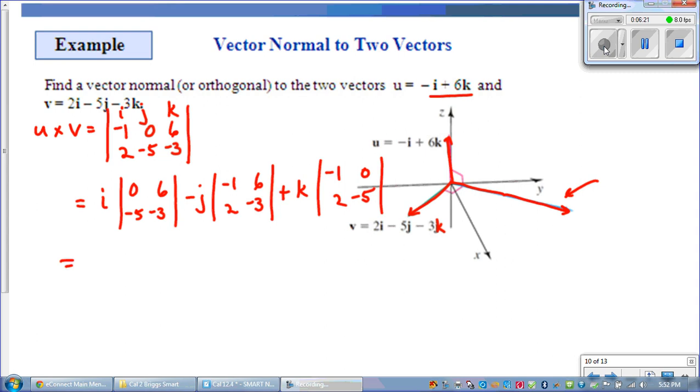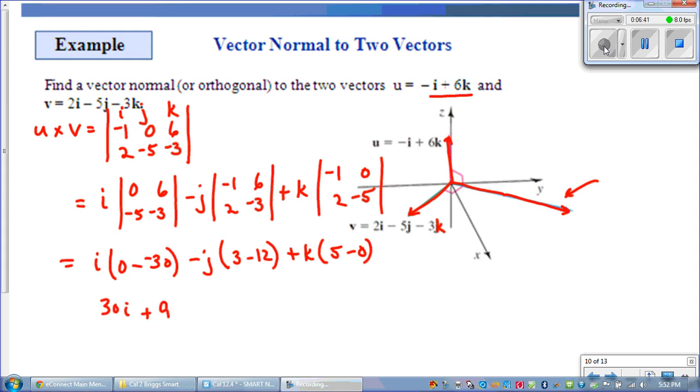Now evaluate the 2 by 2 determinants and we get 30i plus 9j plus 5k.